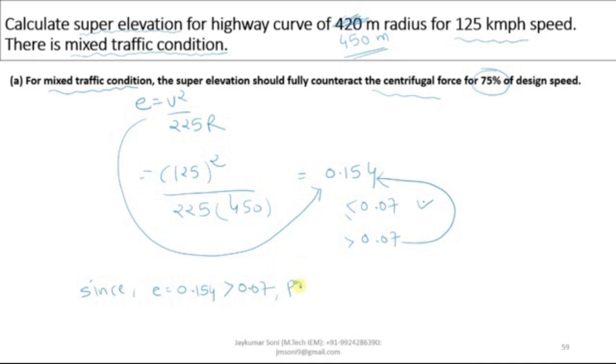you will provide the maximum super elevation as 0.07. Now you have to check the second step, which is coefficient of friction checking. So you will put this equation: E plus F is equal to V square by 127R. You will put E as 0.07.